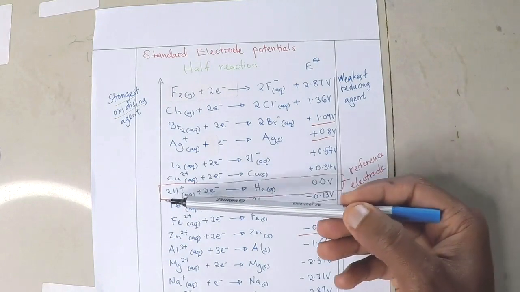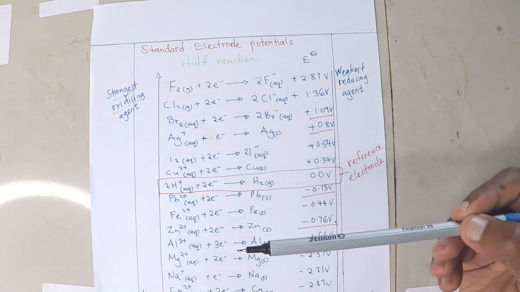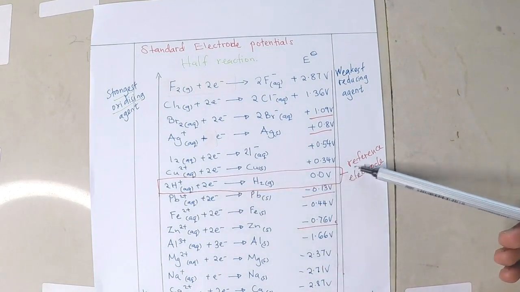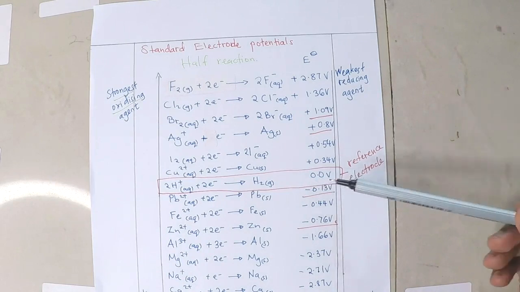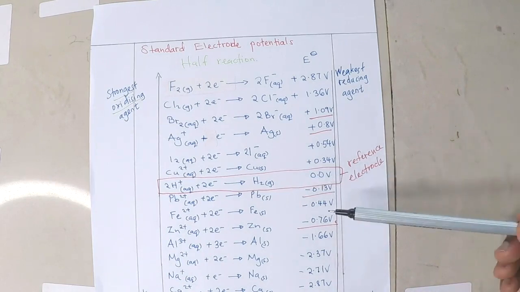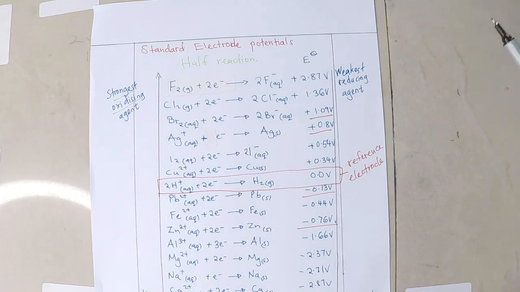Now, as you look at this list here, it is the electrochemical series that shows us the hydrogen half cell is the reference electrode with a voltage of 0.00. All the other elements are measured against the hydrogen half cell, and the voltage values that are obtained from the experiment are given here.